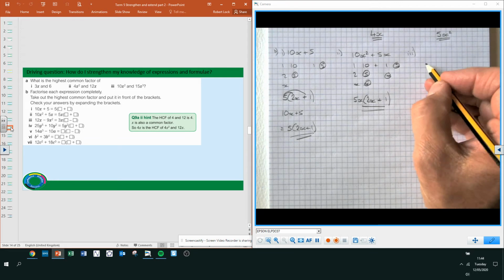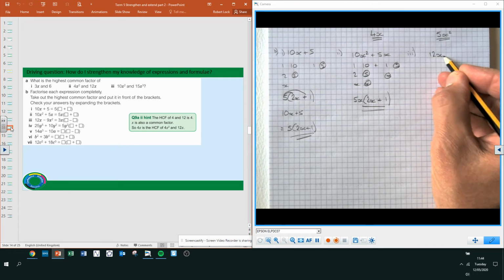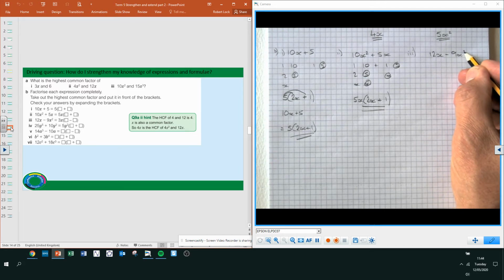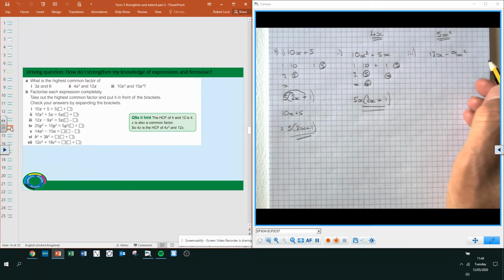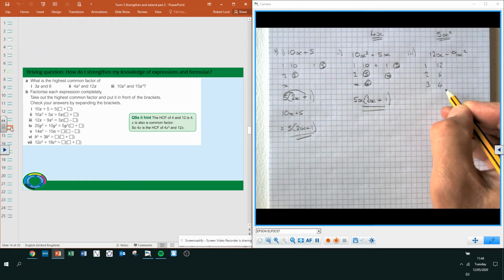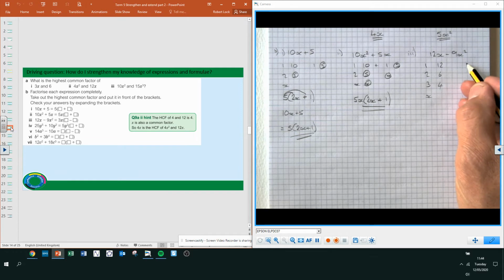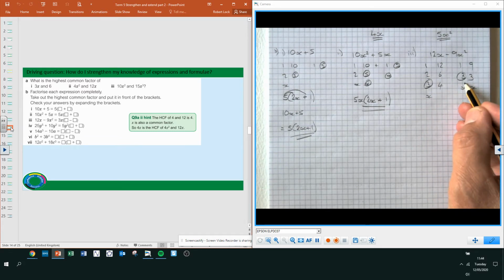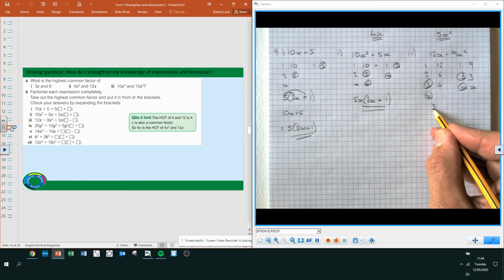Question 3. 12x minus 9x squared. So what are the factors of 12? Factors are 1 and 12, 2 and 6, 3 and 4, and x. Factors of 9 are 1 and 9, 3 and 3, and x. So 3 is common to both, and x is common to both. So 3x on the outside of the bracket.